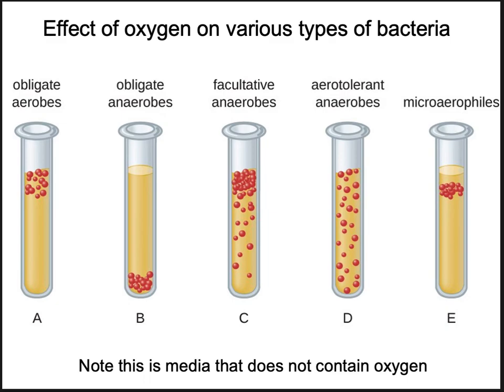Tube B, on the other hand, is the exact opposite. It's an obligate anaerobe. It only grows in the absence of oxygen, all the way at the bottom. And so these organisms don't have SOD, they don't have catalase, they don't have any enzymes to deal with oxygen. That's why they will be killed if they are exposed to oxygen.